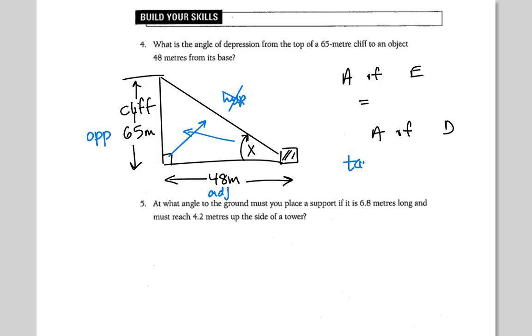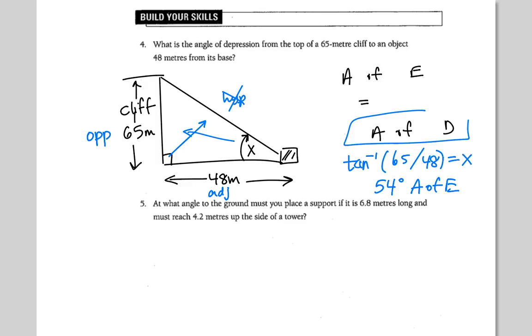So second function tan of the opposite divided by the adjacent, and this should equal my angle x. So second function tan, 65 divided by 48, and I got 54 degrees for an angle of elevation, which I know is the same as the angle of depression.